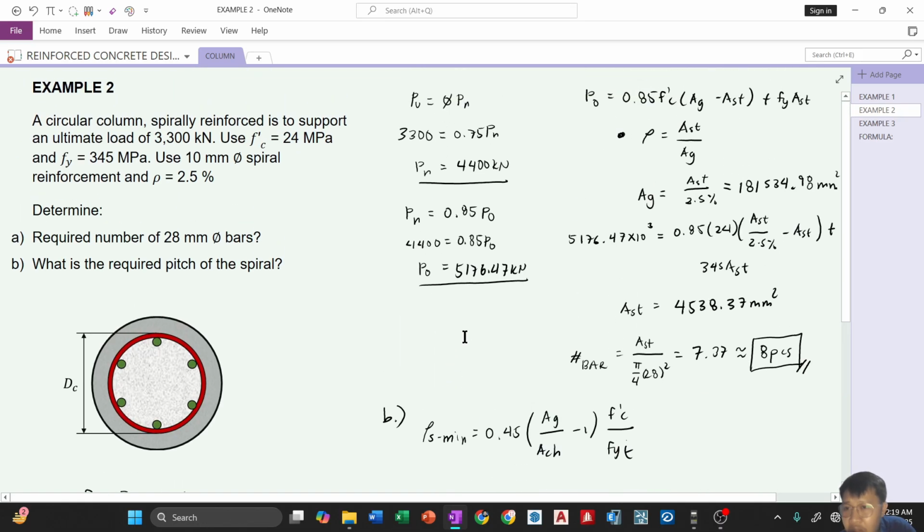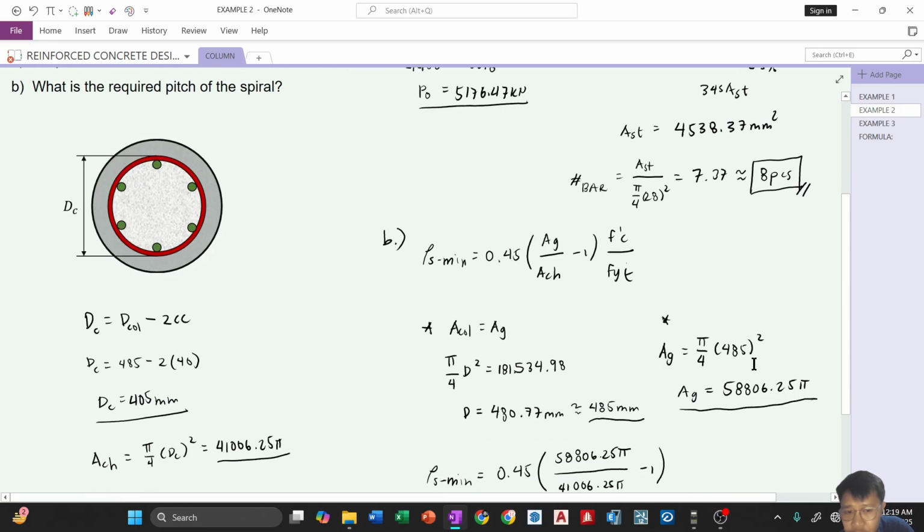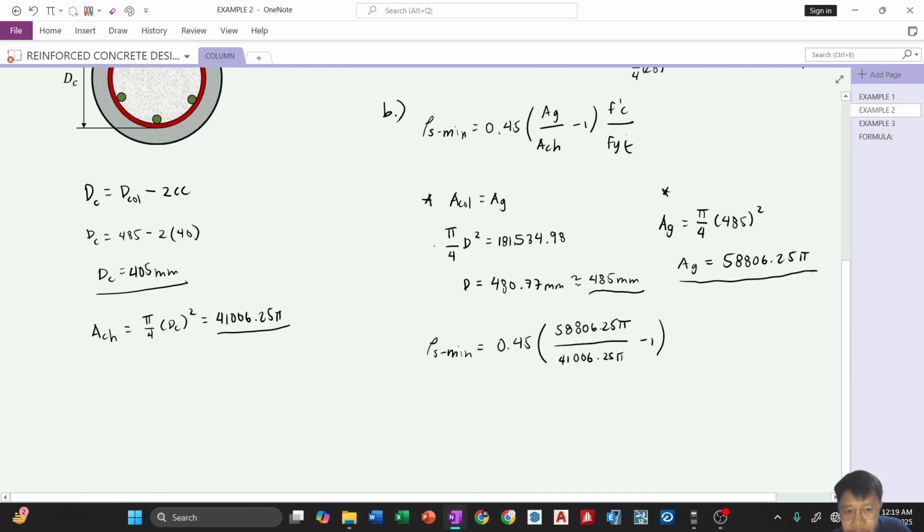Since walang binigay na FYT, we use the FY as well. Okay? FYT is now equal to FY. So, F prime C natin 24 divided by 345.